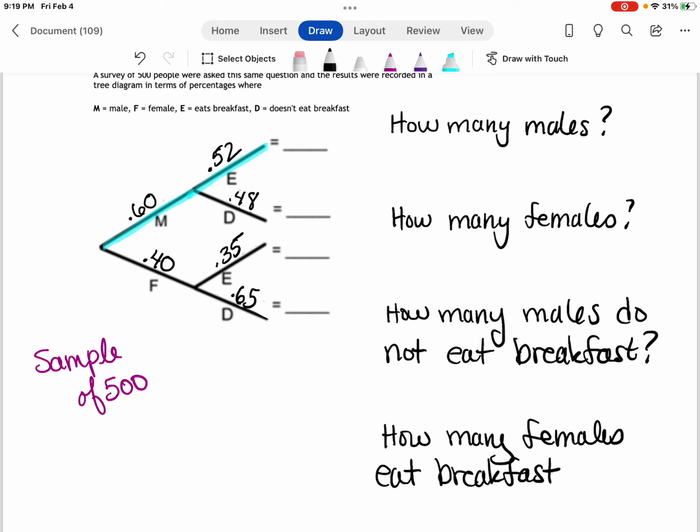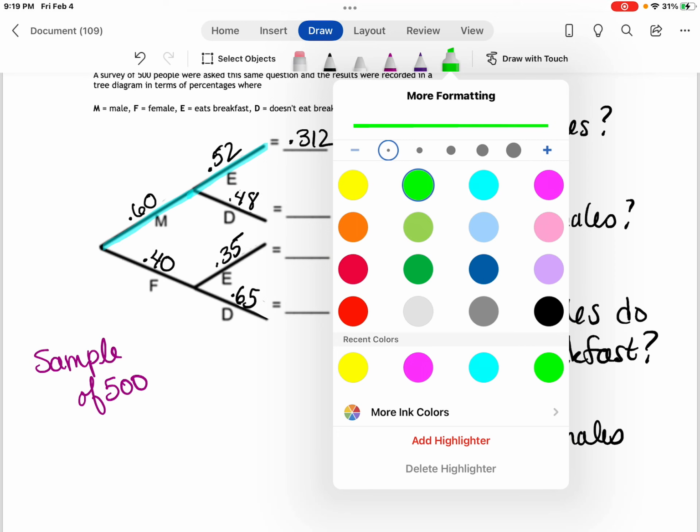So if I take 0.60 times 0.52, that gives me 0.312. So that means the probability that we pick someone that's male and eat breakfast is 0.312.